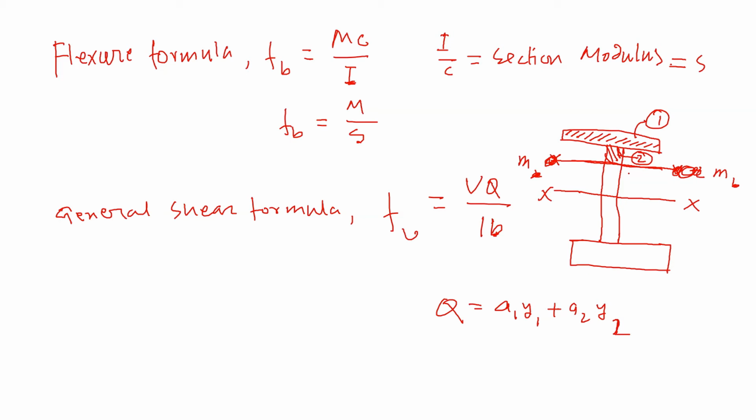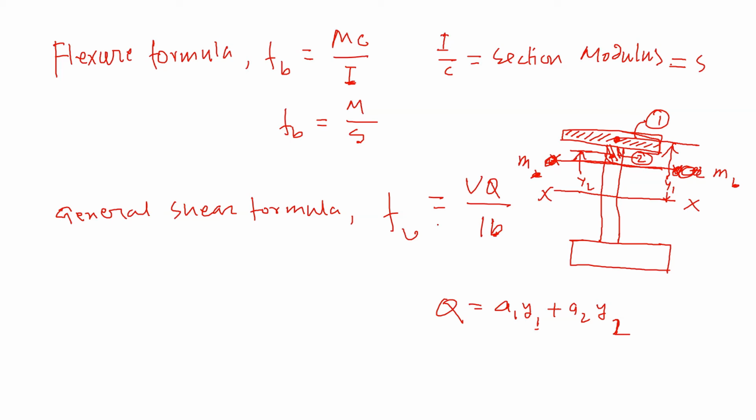Y1 and Y2 are the distances from the centroid of each piece to the neutral axis. So that's Y2, and Y1 would be this distance. That is how Q is calculated, which is done wrong oftentimes.